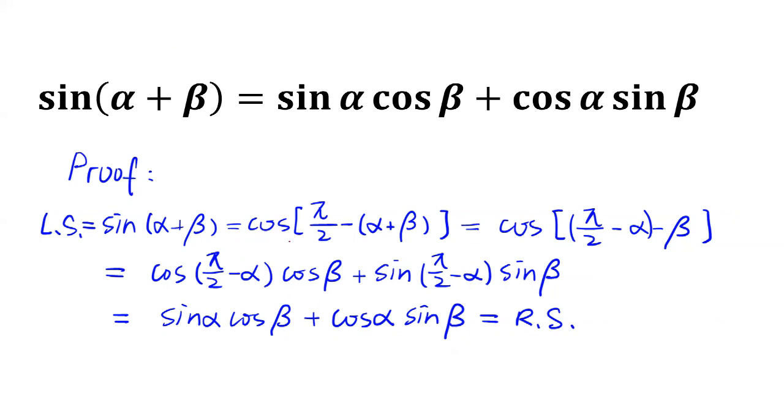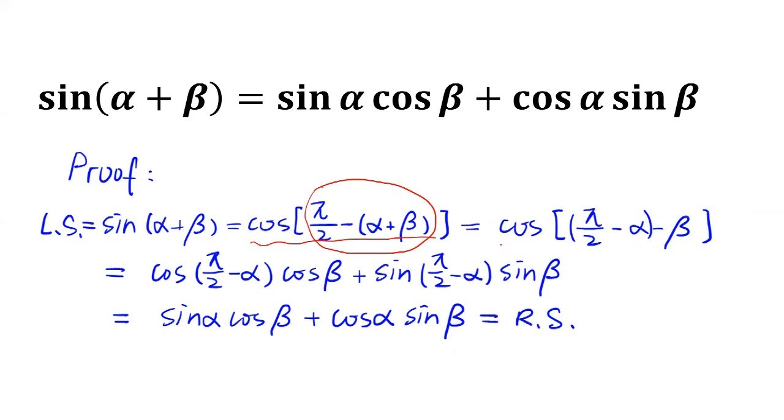This equals cosine of half pi minus alpha plus beta, because cosine of half pi minus something is simply sine of that something. Now let's rewrite the expression inside the brackets as cosine of half pi minus alpha, then minus beta.